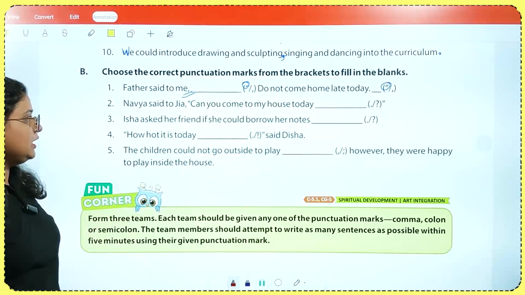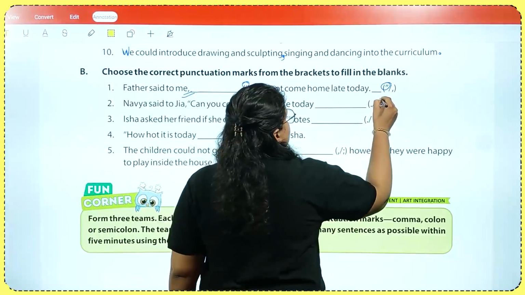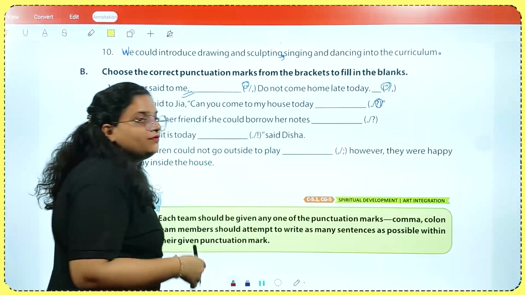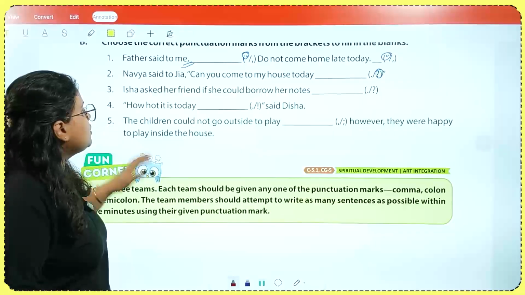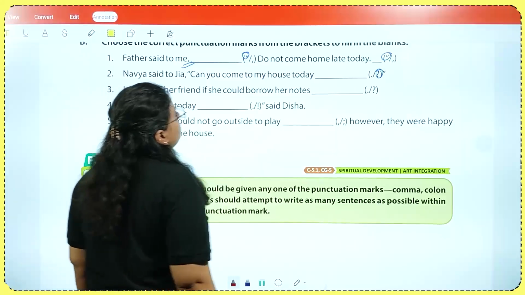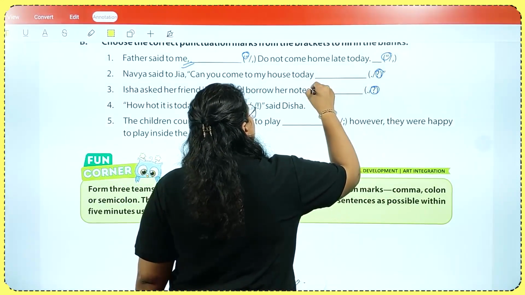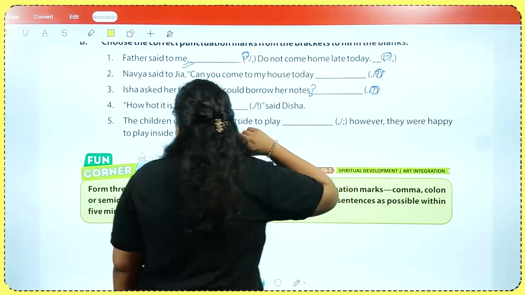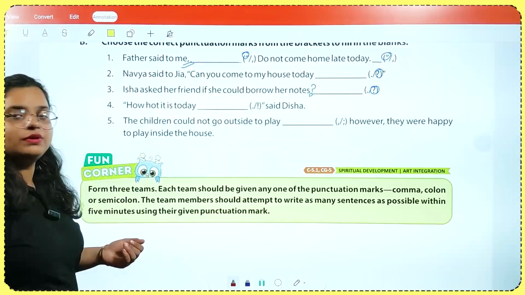Navya said to Jia, "Can you come to my house today?" This is a question, right? And when we ask a question, we use a question mark. Isha asked her friend if she could borrow her notebook. Question mark. Okay.